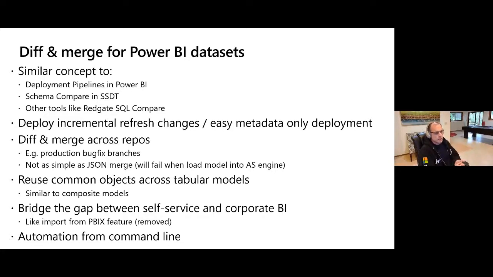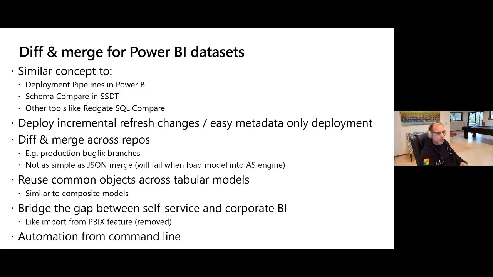So even in those scenarios, you may not be doing the deployment itself in a visual guided way, but you still need to have all of these branches of the code base, right? Whether you've got multiple developers working on different repos, or a very common one is, you need to have bug fixes for your production environment. And to do a full deployment across development, test, and UAT and production takes a long time.